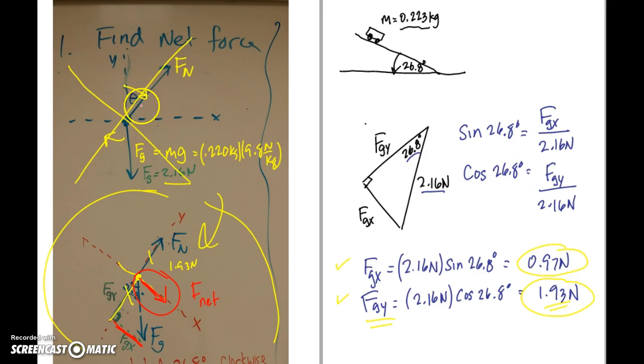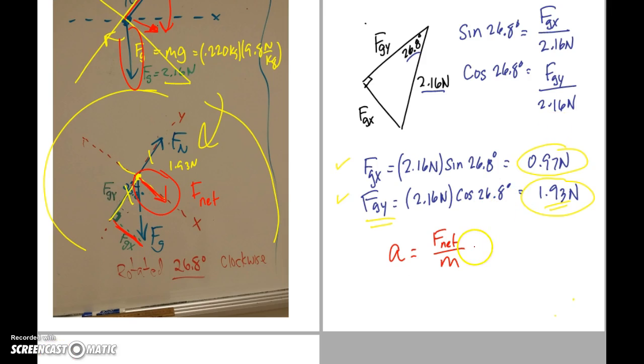If we go up here to our original situation, we have this first vector, and we add to it this second vector here, head to tail. That's the result of those two, and it's the force that's making the cart go down the ramp. It's a gravitational force, but it's only a component of it. It's only some fraction of the original gravitational force.